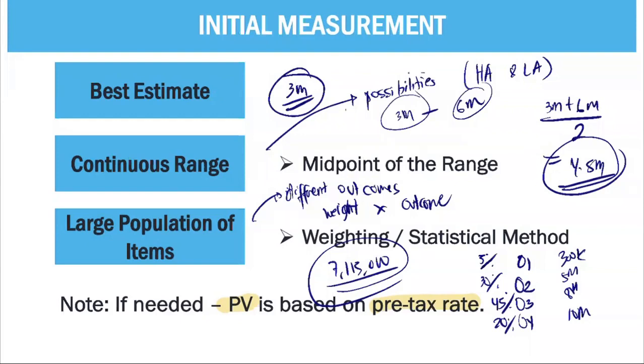So you will not measure it using the discount rate or market rate, but under PAS 37, it is your pre-tax rate. The present value should be computed using the pre-tax rate. Okay? So that is how you measure best estimate, continuous range, or large population of items. And if there is a present value, you use the pre-tax rate.